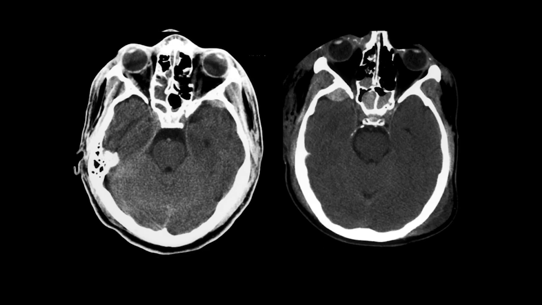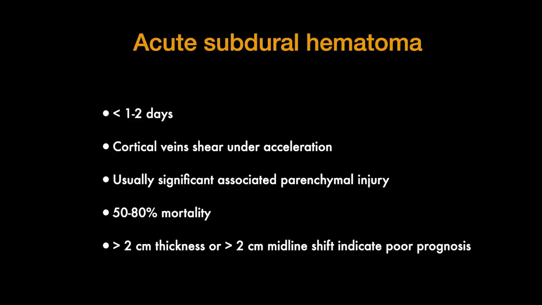And these are two very typical venous epidural hematomas at the anterior aspect of the middle cranial fossae. On the image on your left, it's on the left side, but the right side of the image, and opposite on the image on the right.